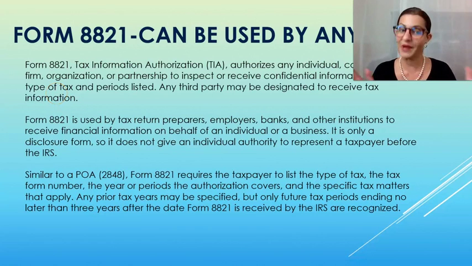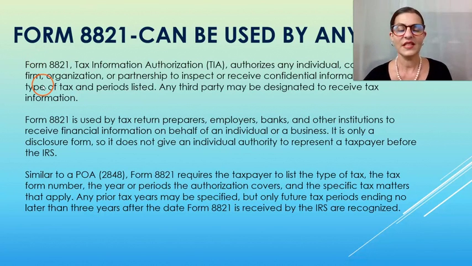So the bank itself will request IRS transcripts for the prior 3 years. That's a bank or a lender using the 8821 to obtain sensitive taxpayer information from the IRS. So that's a very common use for the 8821 that's not necessarily related to tax practitioners, right? That would be like a bank or a mortgage lender.